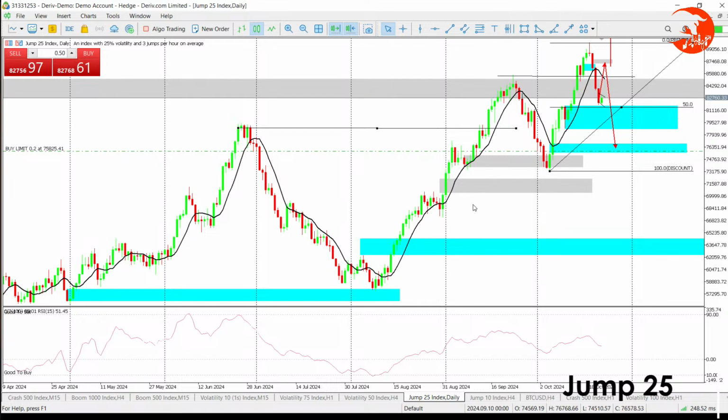But this move, which move? This is a previous low. I think I would use this as my low there. We would see that actually this was in discount there.